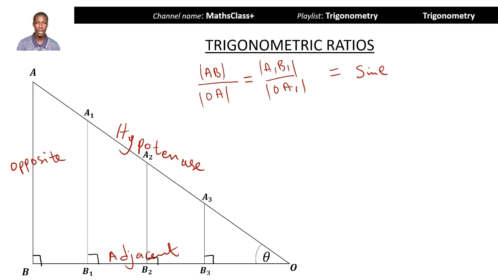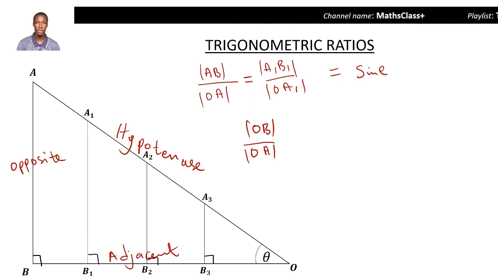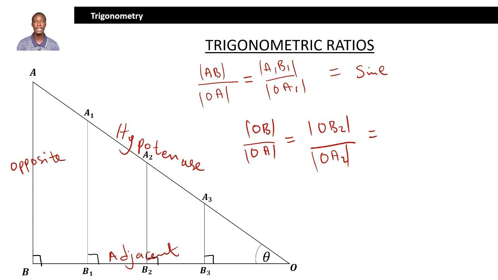So if I take OB divided by OA, this one should also be equal for all of them. So let's say OB2 over OA2, they should be equal. And that is the side adjacent the angle divided by the hypotenuse. It also gives us a ratio which is called cosine.